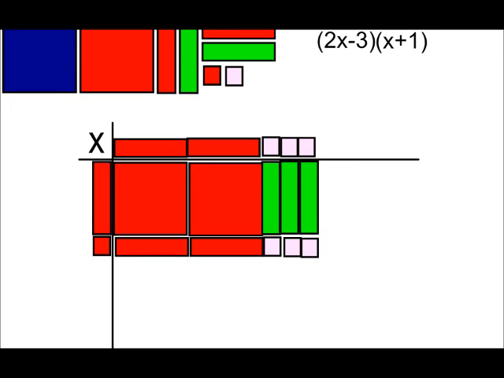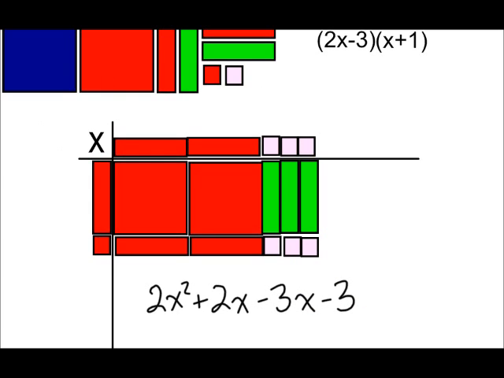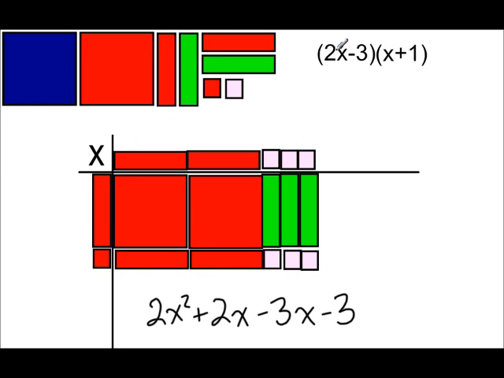Okay? So that gives us 2x squared plus 2x minus 3x and then minus 3. Okay? So let's just go up here for a second and show what's happening here.